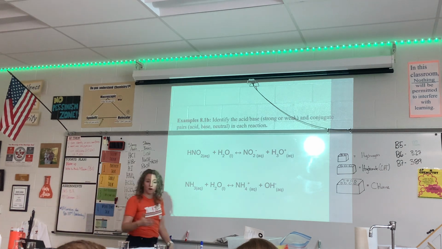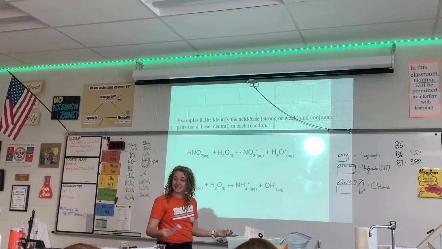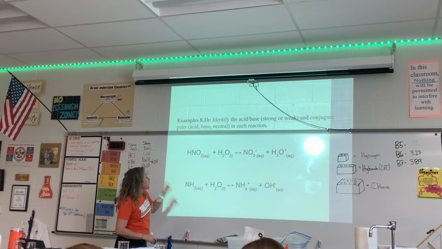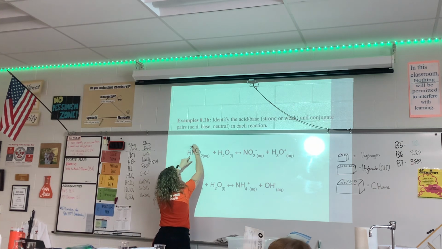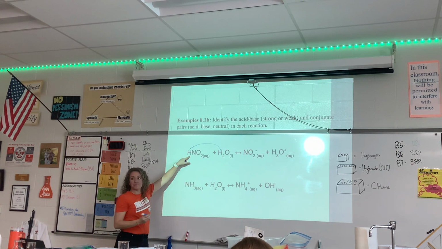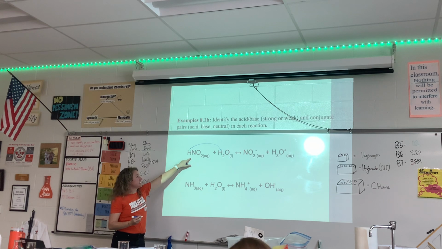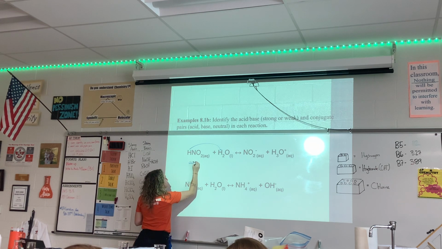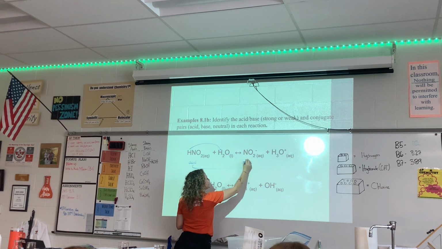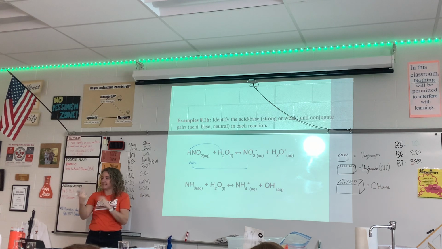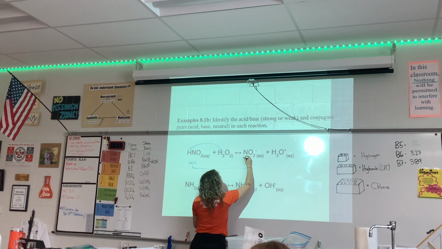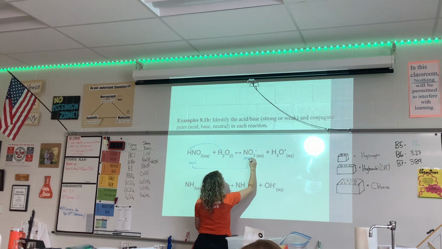Similar to before, let's start by identifying the acid and the base. I notice here that H is traveling from this substance to this substance, which makes this substance my acid. The thing it turned into was NO2, so I'm going to match it up with its pair, because it was this and now it's that. And this we call its conjugate base.